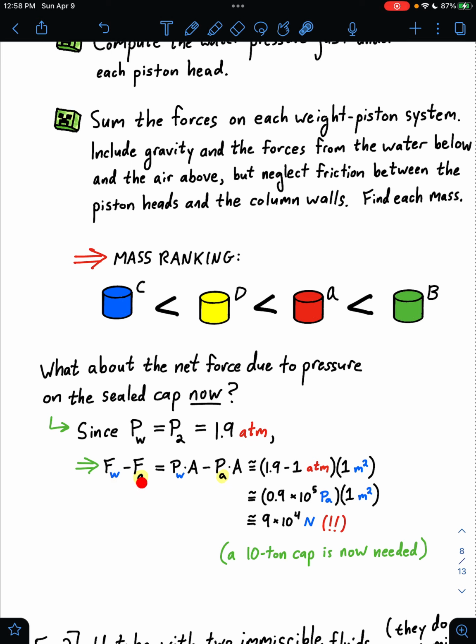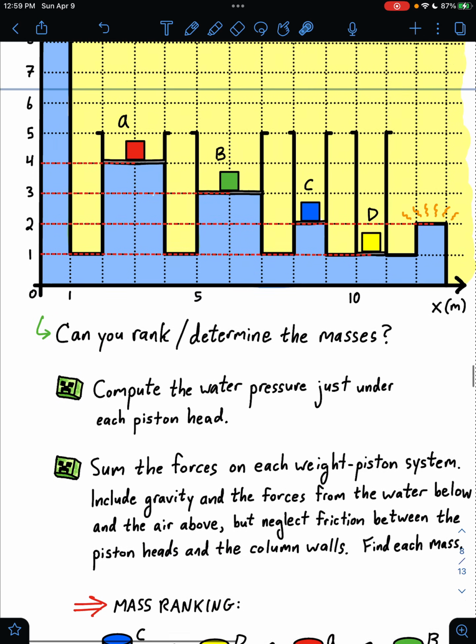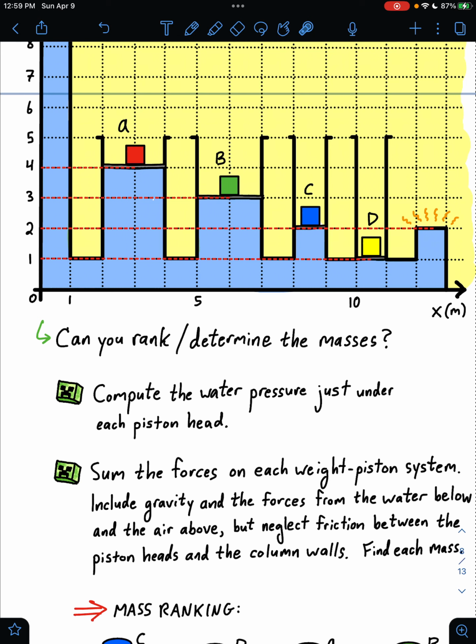So the upward force of water on the cap minus the downward force from air on the cap gives us this difference in pressure, 0.9 atm, times the 1 square meter area of that cap is 90,000 newtons, equivalent to now a 10-ton cap being needed to prevent the water from bursting out of this high-pressure pipe at this point. 10 tons being also the weight of C. So if we need a 10-ton mass here to press the water down that far, then we would also need a 10-ton mass sitting right there.